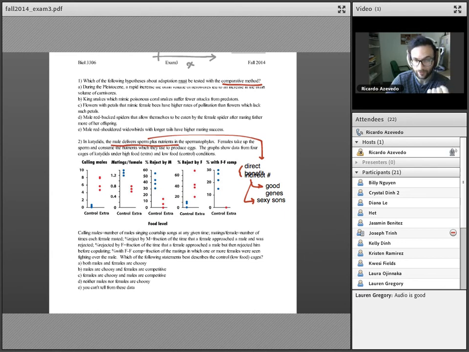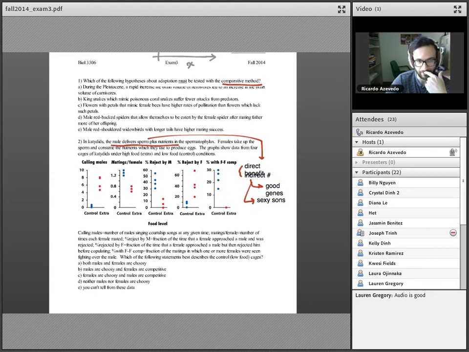But as you can imagine, the direct benefit is affected by the environment, right? So in the control, the number of males that would sing courtship songs is pretty low. The number of times each female mates is pretty high in the control, which is low food.